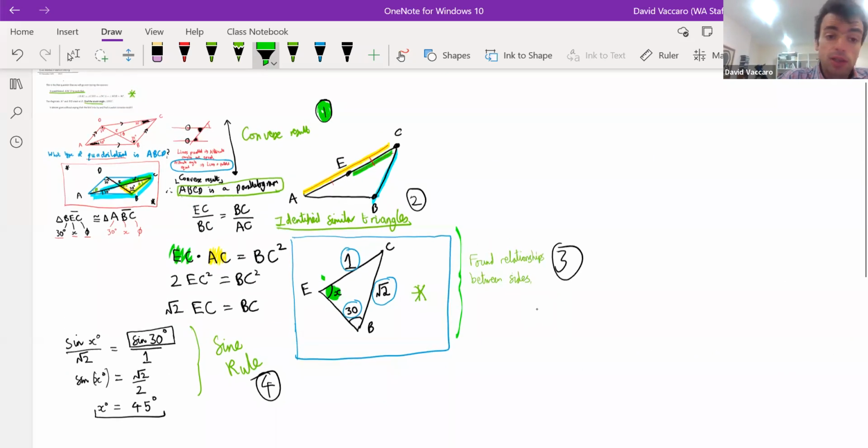But I'm a big believer that something that is often neglected in the way that geometry is taught in school are these converse results. And I would strongly urge you from now on, if ever your maths teacher teaches you a result in geometry, ask them, is the converse also true?